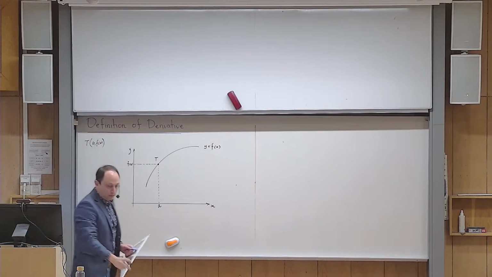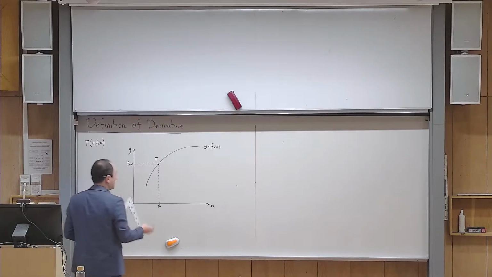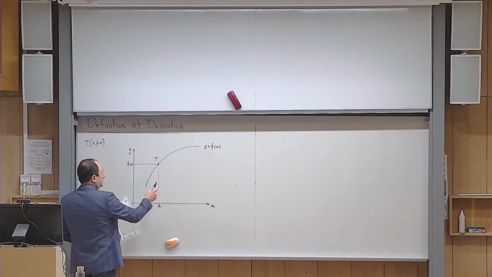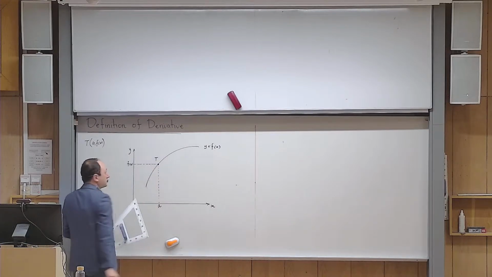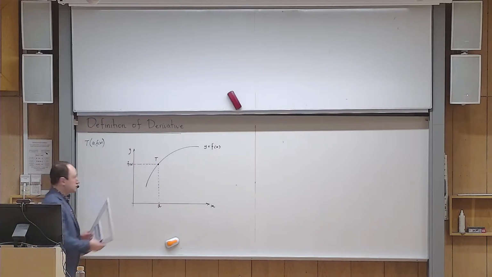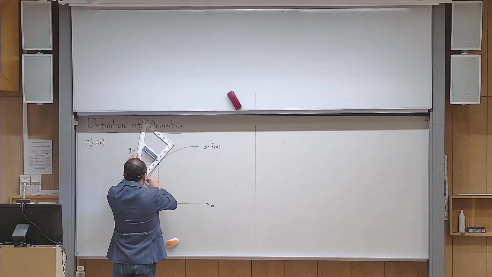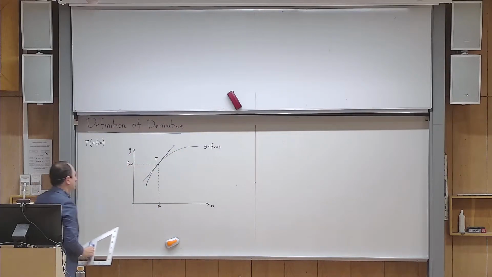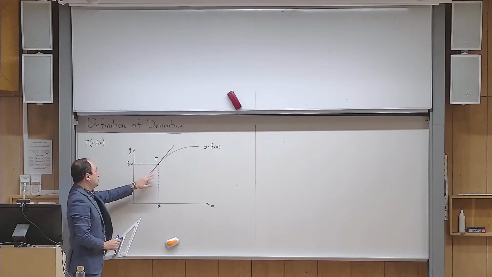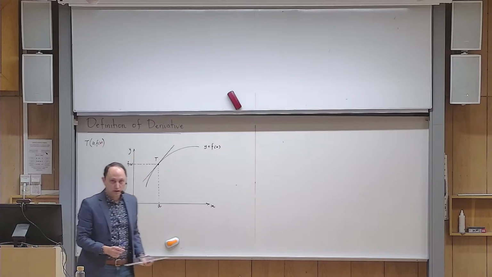So what Leibniz was interested in solving is how can I find an equation for the straight line that is tangent to the curve of this function at that particular point T on the graph. That was the question. So this is my tangent line, and my goal is to find an equation for it.